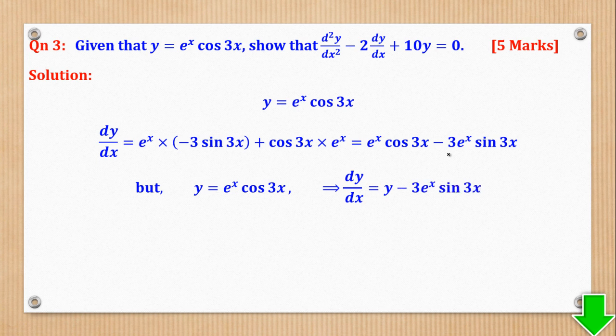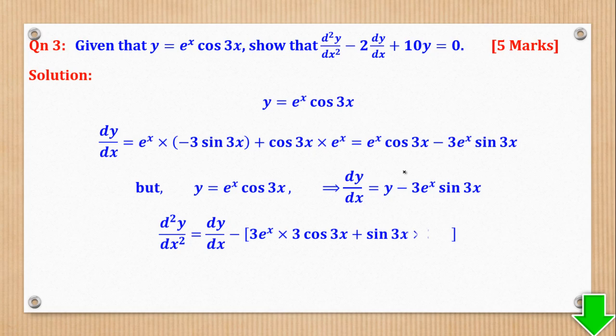But we know that y is equal to this. So what I'm going to do, I'm going to replace this with y to get that. Then I can differentiate the second time.